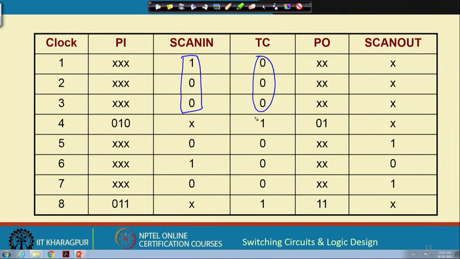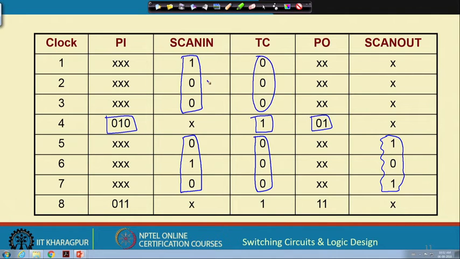After it is done, you set Tc to 1, apply the primary input, this is your I 1, and observe the primary output. Then again set Tc to 0, you observe the next state. In parallel, you also feed in the present state of the next vector.